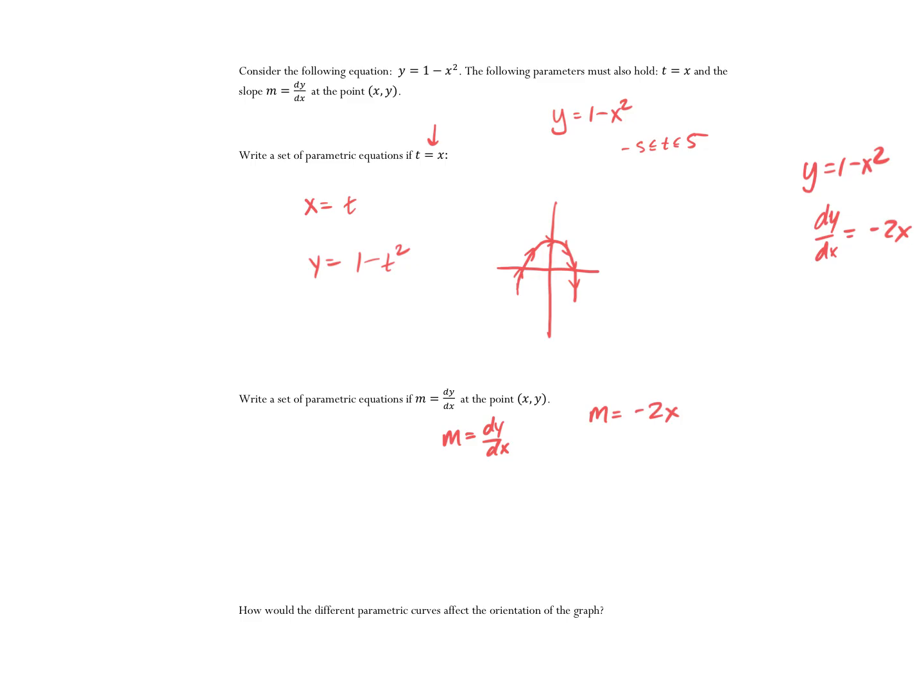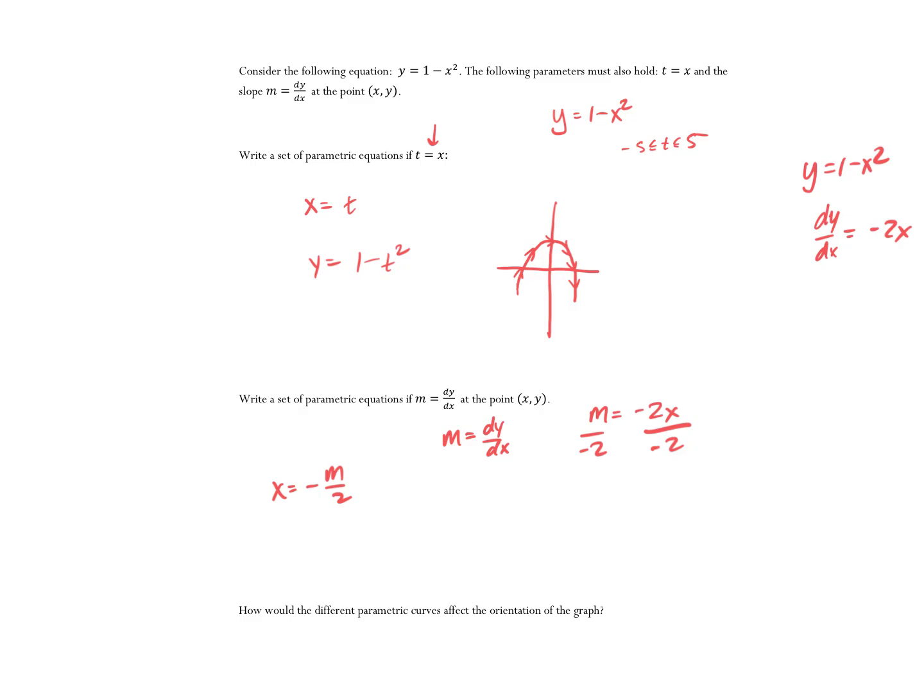So if I want to write the x coordinate with respect to the slope, what is x? If m is equal to negative 2x, I could divide both sides by negative 2 and say that x is negative m over 2. Everybody good?